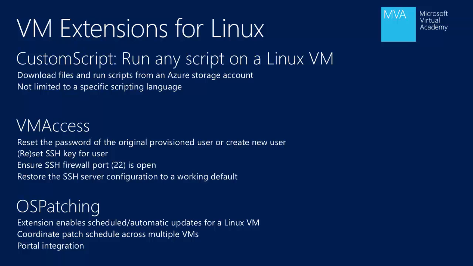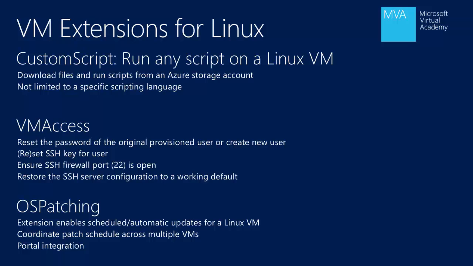You can just build your own custom script and run this custom script in one of your Linux virtual machines in Azure remotely. So you don't have to log in to the Linux virtual machine. You will just access your Azure account and run this custom script. I'm gonna show you a sample script about this.